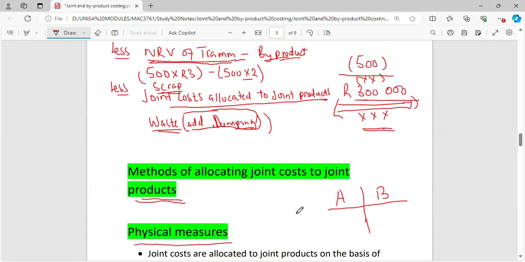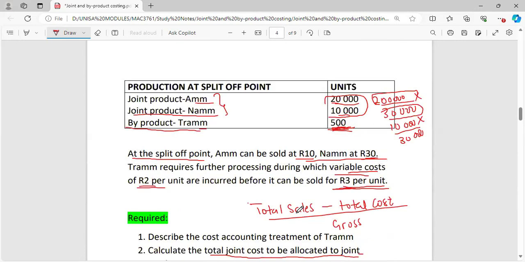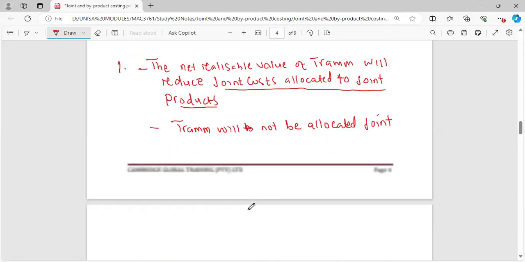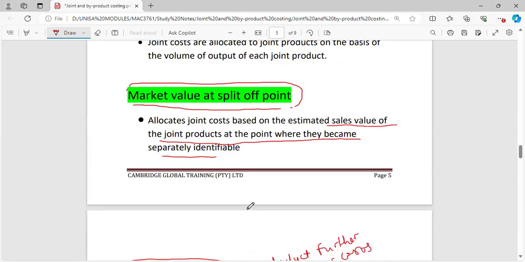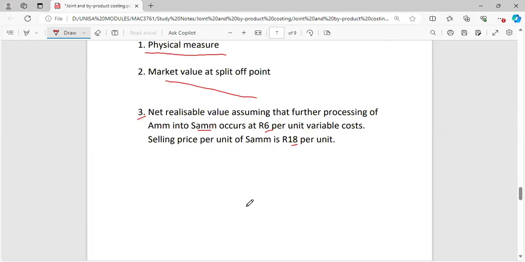At first the selling price was 10 rand. So now after further processing, it's now 18 rand. So they want us now to allocate the joint cost to the joint products using the net realizable value.